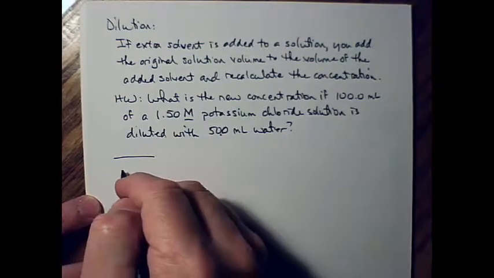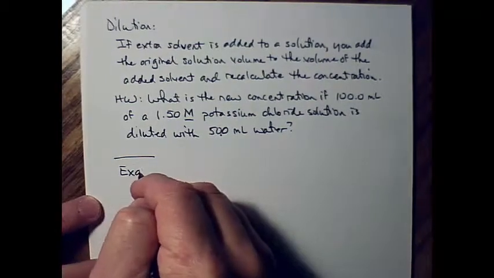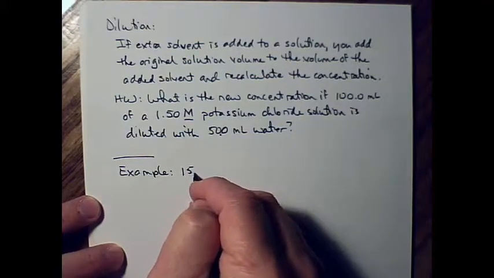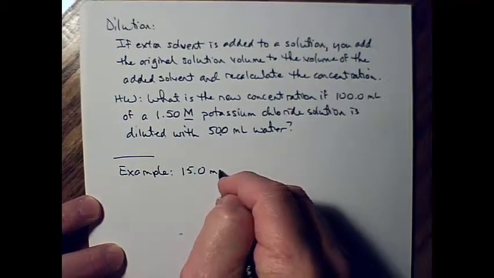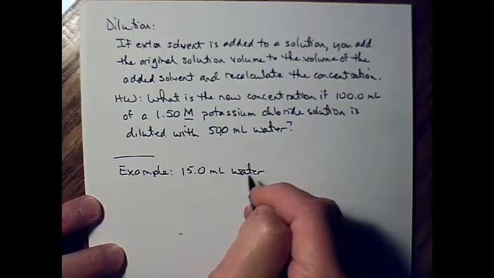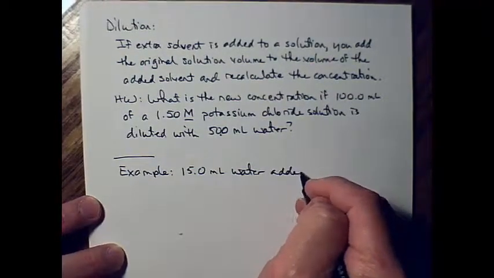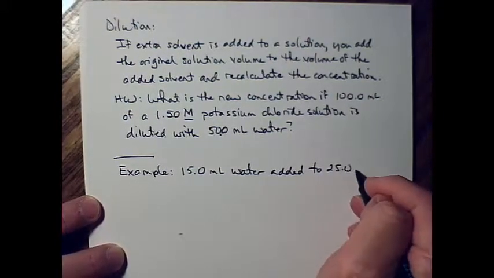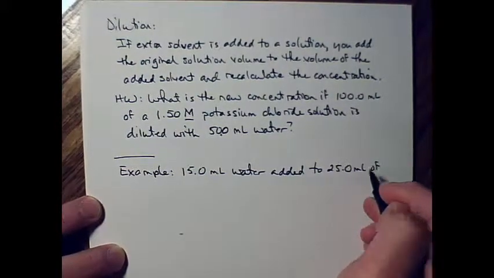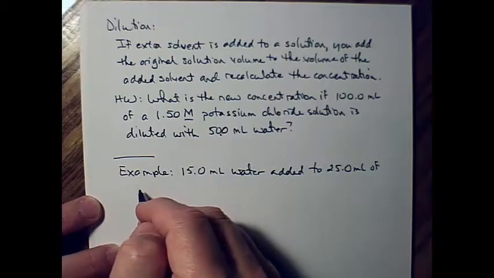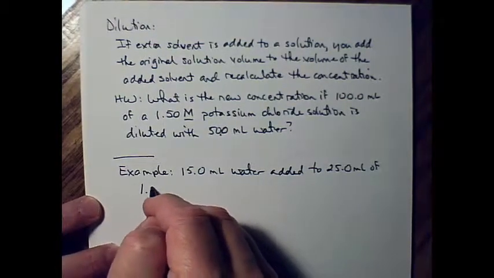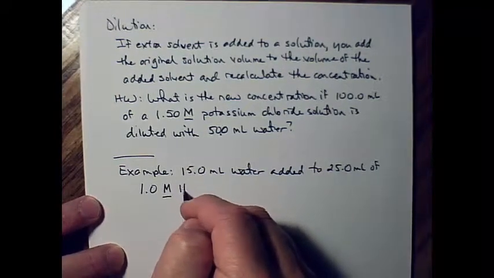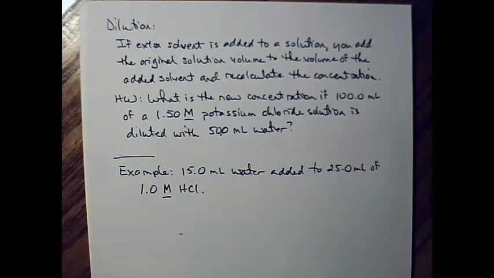So the example we're going to use here to see how to solve something like this is this. We're going to have a volume of 15.0 milliliters of water added to 25.0 milliliters of a hydrochloric acid solution that has a concentration of 1.0 molar.